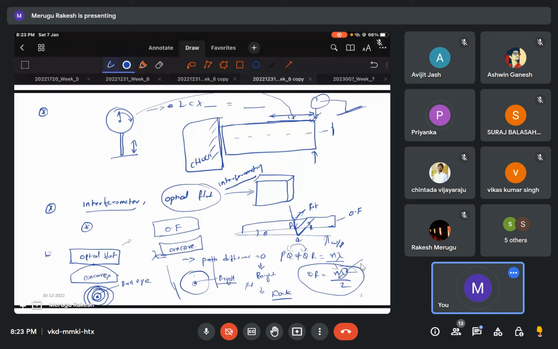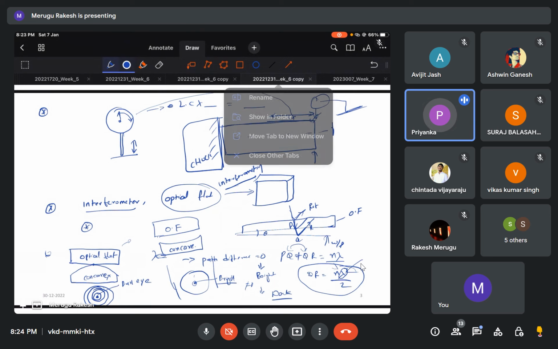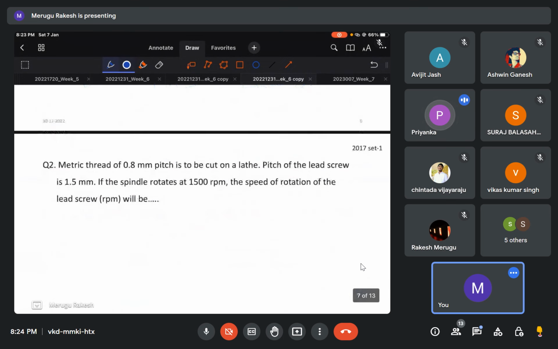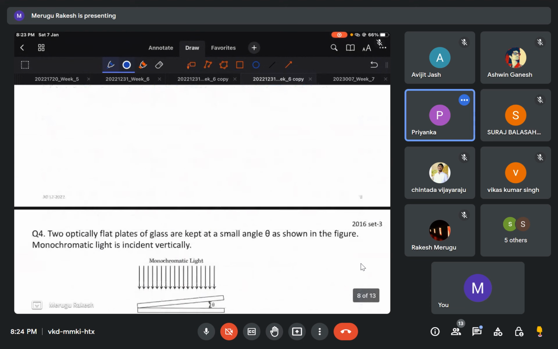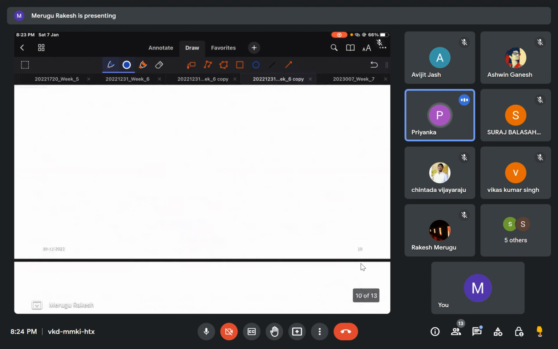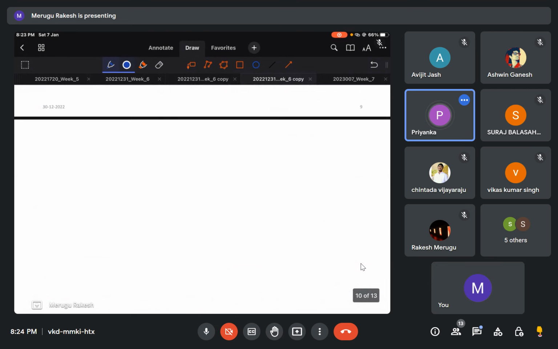So any other? Yeah. Sir, regarding last time when we were solving previous year questions, the 2015 GATE, there was a doubt in the answer. Which question? Regarding the limits. The go gauge and no go gauge, sir.